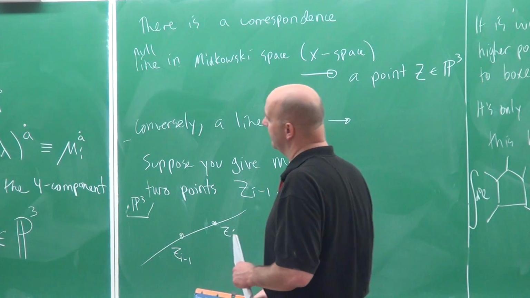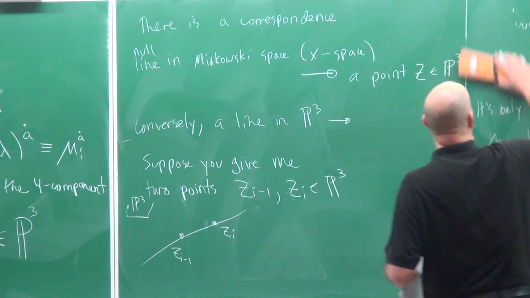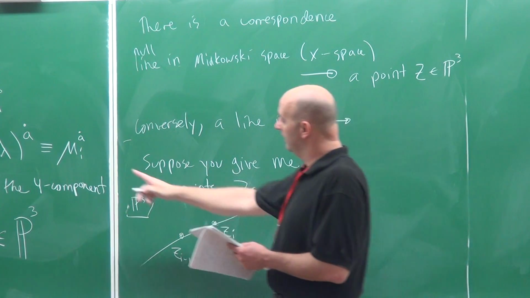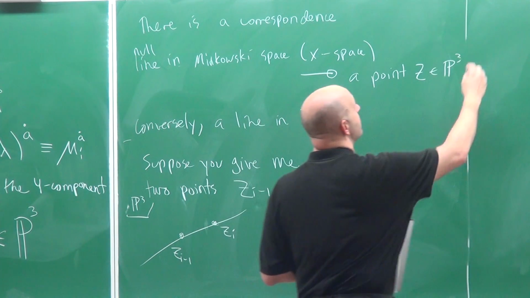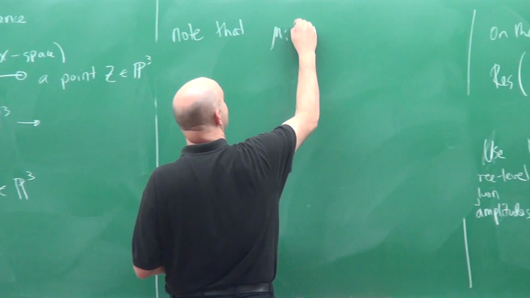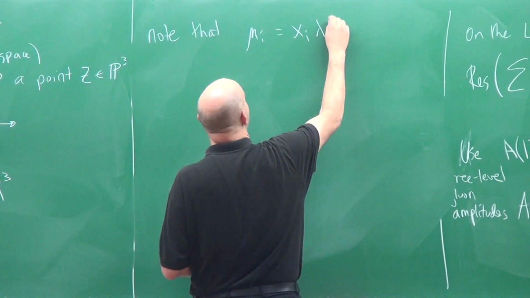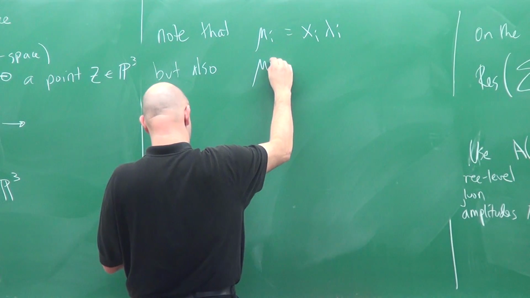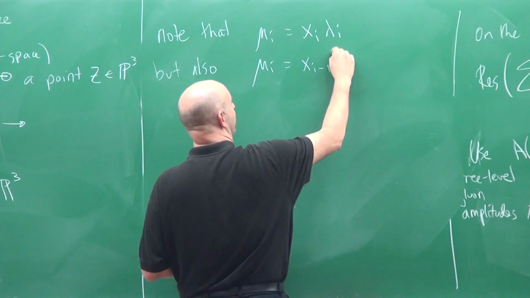Well, notice that we can then look at these equations here, which are called the incidence relations. This equation right here. Note that mu_i is equal to x_i lambda_i, but also mu_i is equal to x_{i-1} lambda_i.